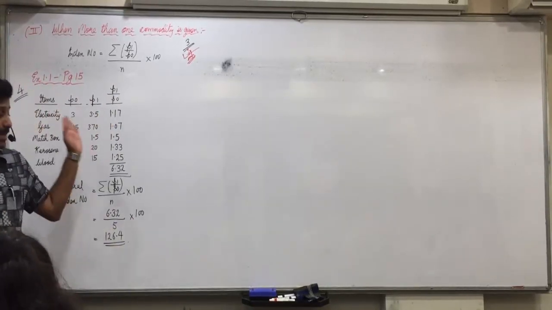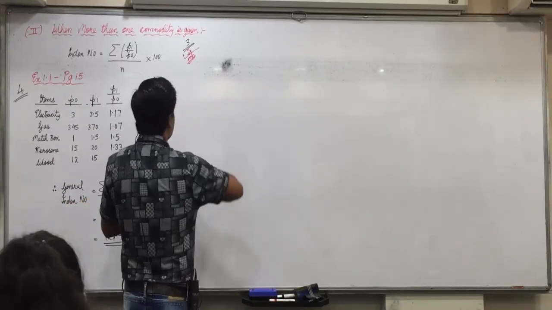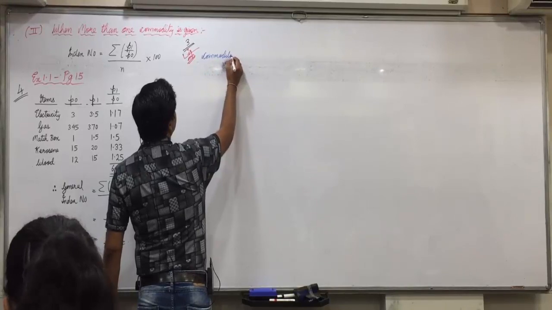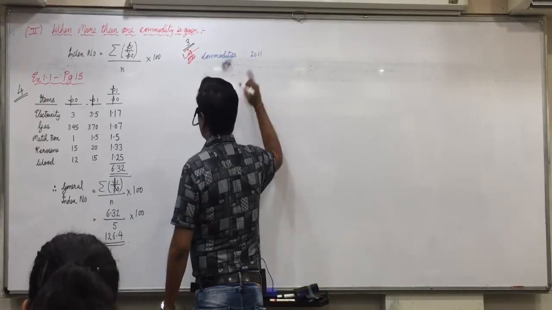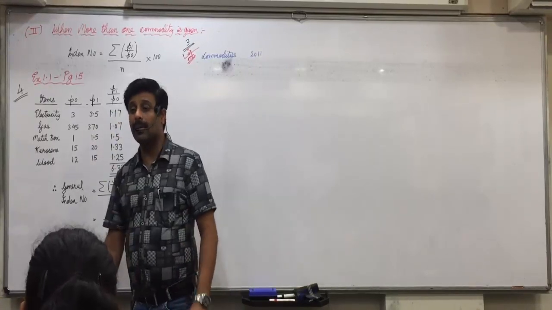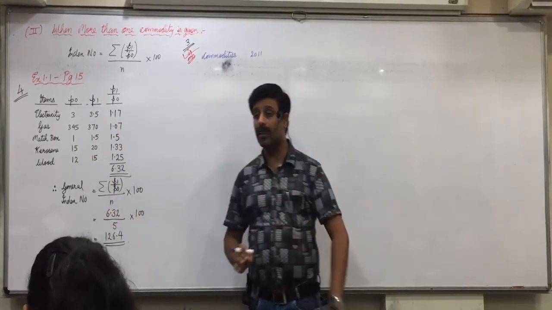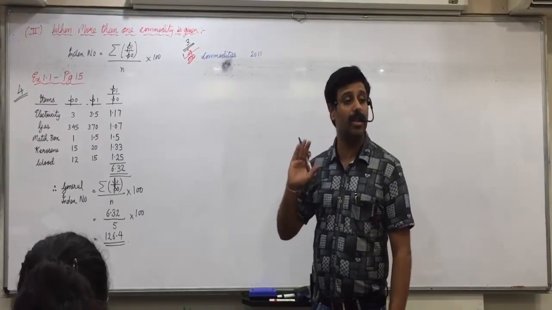So these columns will extend. How will it extend? Understand it first, then you write it. See, first you are given commodities. Then you are given 2000. I am not writing P0 because there are many P1s. But 2000, 12 is also P1, 13 is also P1, 14 also and 15 also.